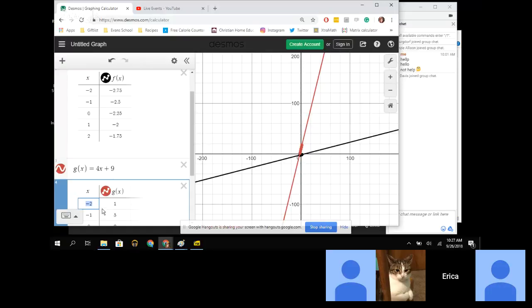But if I put in x equals negative 2, my g of x is 1. All right. And so I just want you to explore that in your homework. I don't need you to copy down the answers from here, but for those problems, I just want you to kind of explore that.